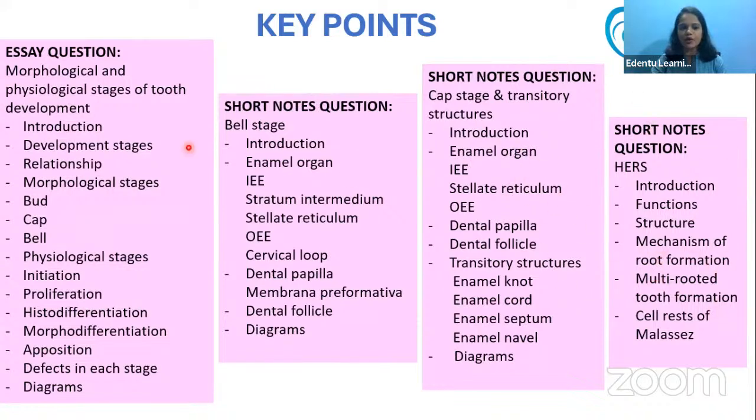If one particular stage is asked, write an introduction, like this is the first or second stage of tooth development, and how the enamel organ, the dental papilla and the dental follicle look here. If it's the cap stage, write about the transitory structures, and always draw diagrams also.